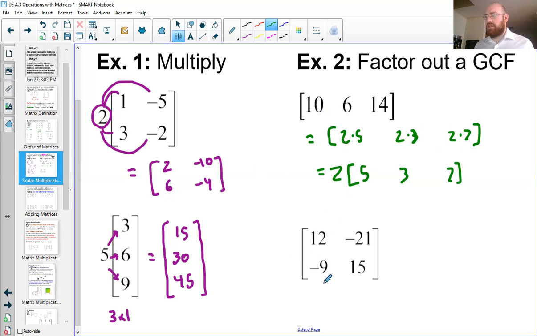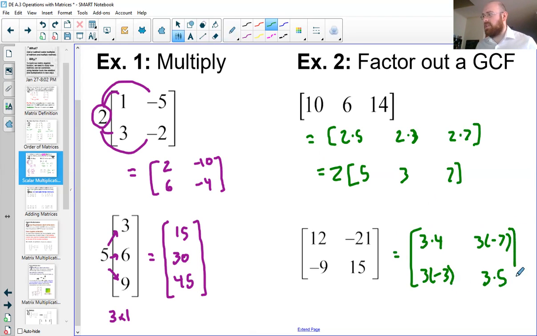For the example on the lower right, the largest number that divides evenly into each of these is 3. So we could, to be very precise, say 12 is 3 times 4, then we have 3 times -7 is -21, we have 3 times -3 is -9, and then 3 times 5 is 15.